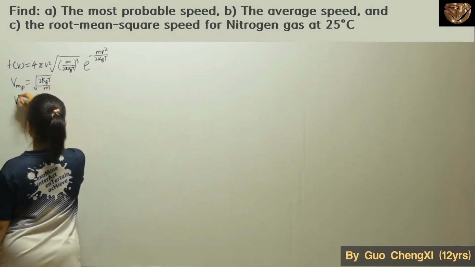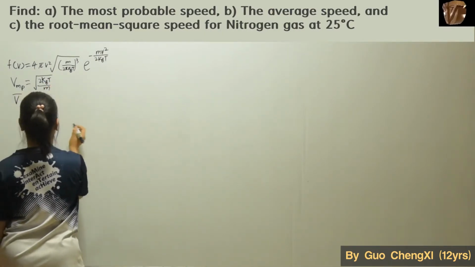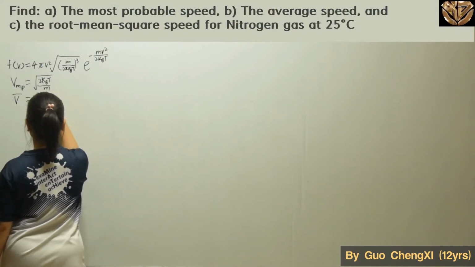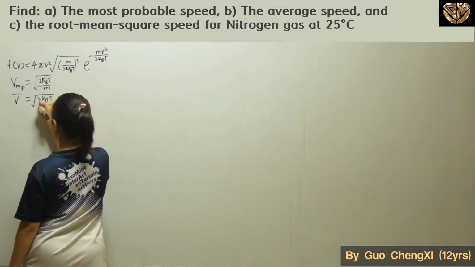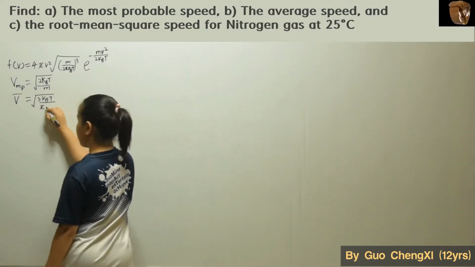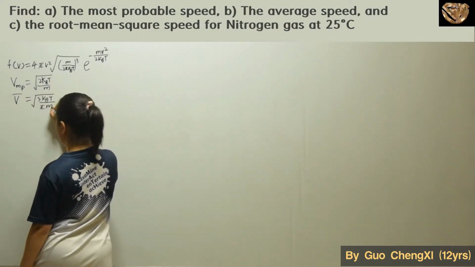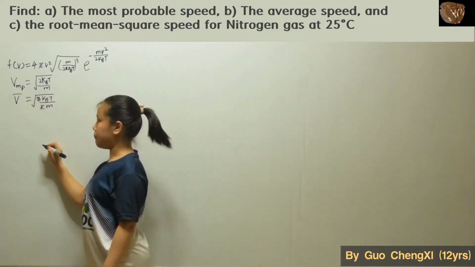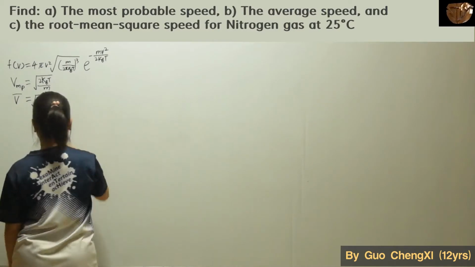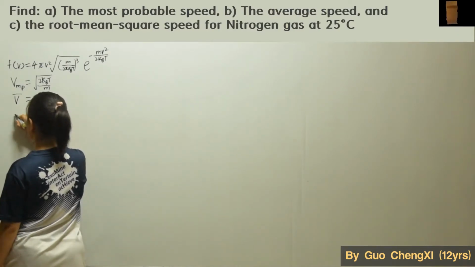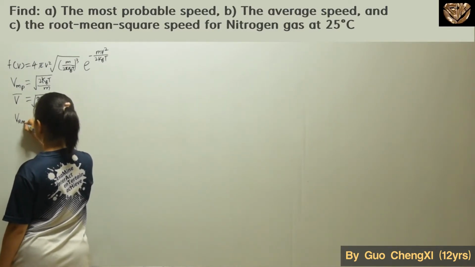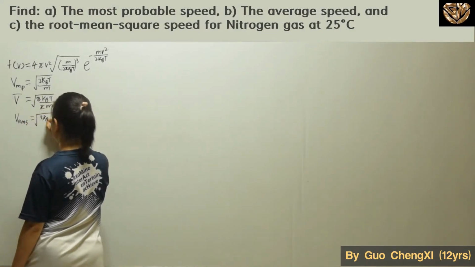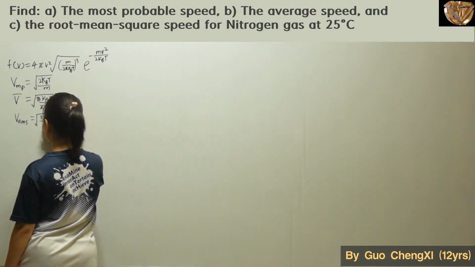The average speed is the square root of 8 kB T over pi m. The root mean square speed, v_rms, is the square root of 3 kB T over m.